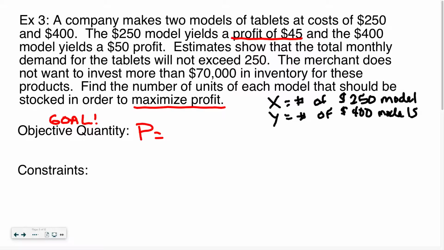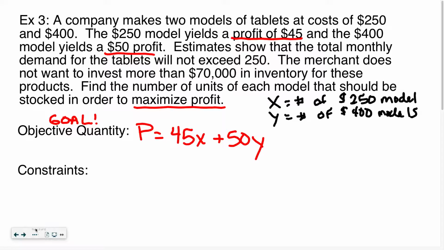Profit is 45. So for every X model I sell, I get $45. And what do I know about profits for Y? They are 50. So if I add up all my profits from my $250 models plus all my profits from my $400 models, those would be my total profits. Save the objective function for later.